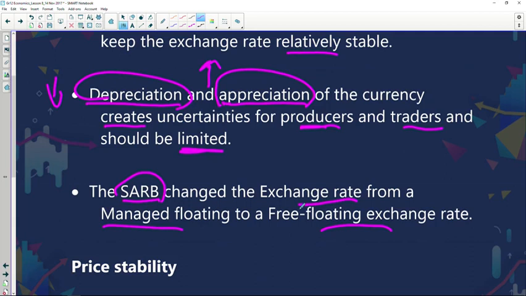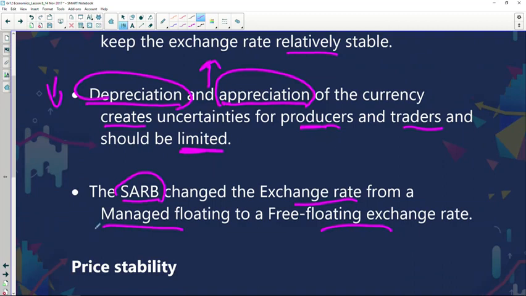In a managed floating environment, the currency could change from day to day, and therefore the central bank will try and influence the exchange rate by buying and selling currencies. Okay, so here you had the involvement of the central bank.